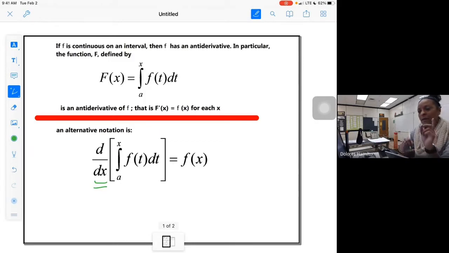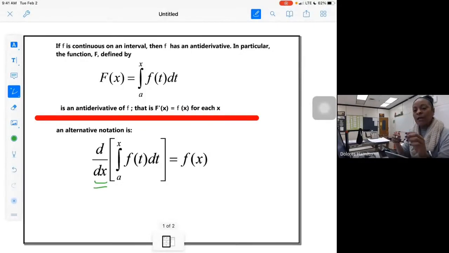Look at the variables and this notation. And then let's do a quick little proof so that it sits better with you. This is saying, if I have this definite integral from a to x of f of t, and I want to derive that definite integral with respect to x, well, that would give me f of x.